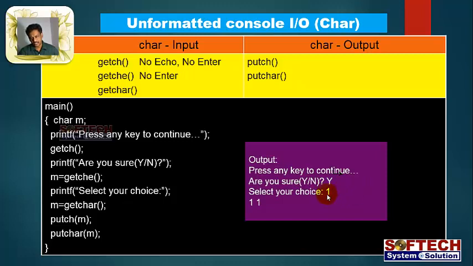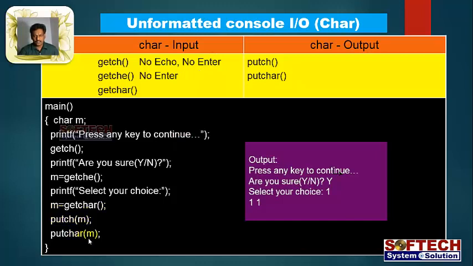So it is echo and enter. So getchar displays and we want to press enter. getche displays but we don't want to press enter. In getch, it will not display, we don't want to press enter.